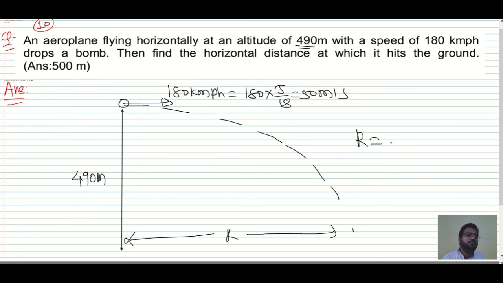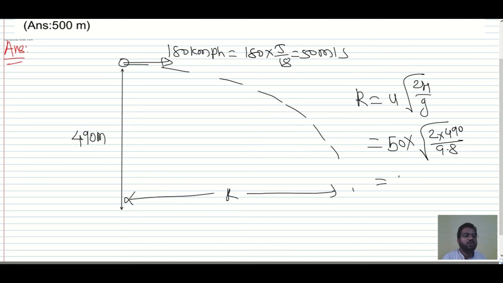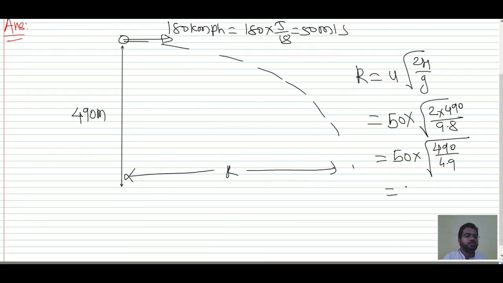Range formula we know, u root of 2h divided by g. So what is u over here? 50 into root of 2 into what is h, 490 divided by 9.8. So if you just solve this, you will get 50 into root of 490 divided by 4.9. So you will get 50 into root of 100.